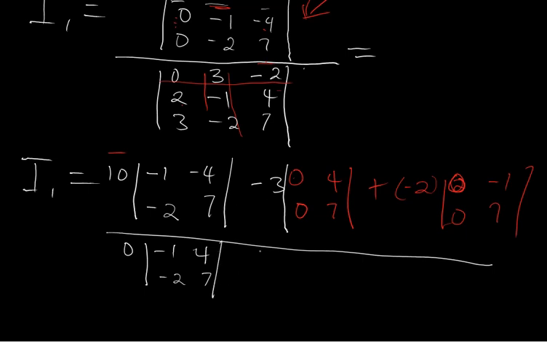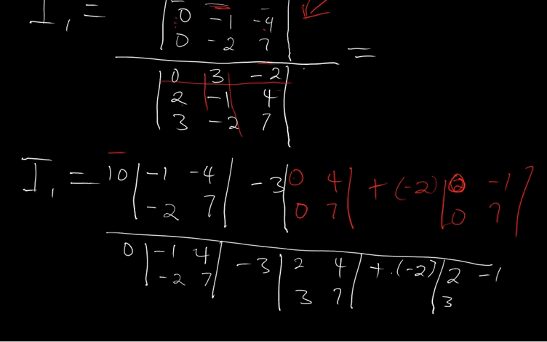The next is minus 3 multiplied by its minor. Of course, the minor will be 2, 4, 3, 7. Then the last but not the least, plus minus 2 into its minor, 2, minus 1, 3, minus 2.